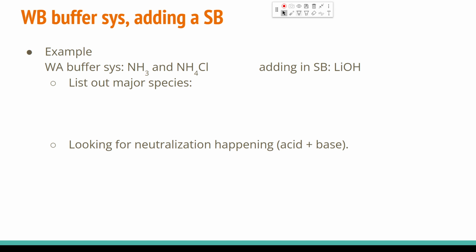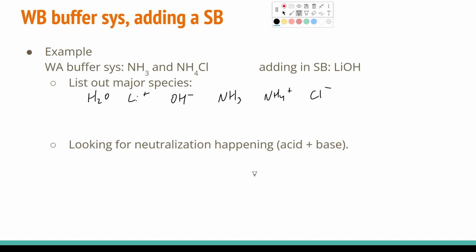Species, let's do it. So we have our water, because this is all in solution. We have our strong base, so that is completely ionized. Then we have our NH3, and then we have our salt that is dissolved. There.